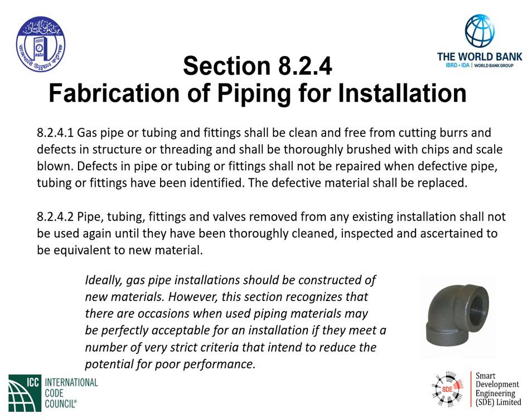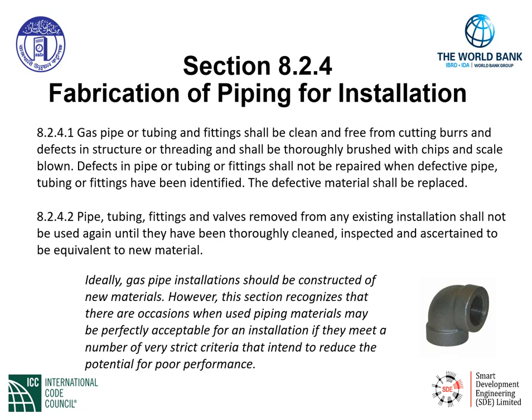Gas pipe or tubing and fittings shall be clean and free from cutting burrs and defects in structure or threading, and shall be thoroughly brushed with chips and scale blown. In other words, we don't want any type of debris to be integrated from the process of installation into the system. We need to make sure that we have a good, clean piping system.